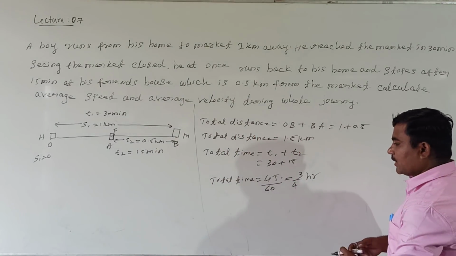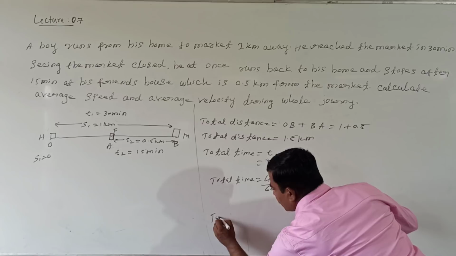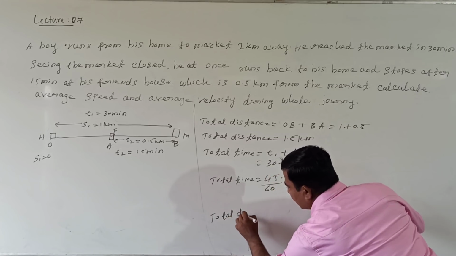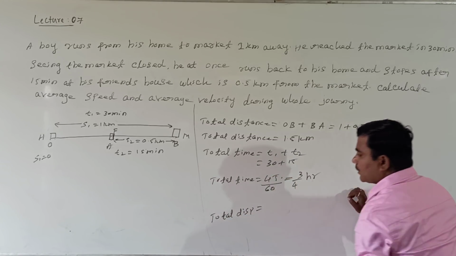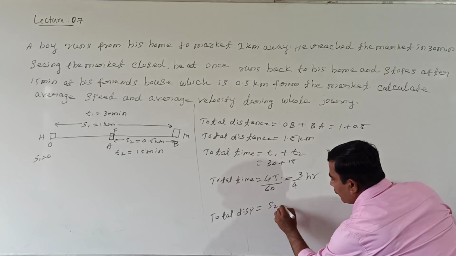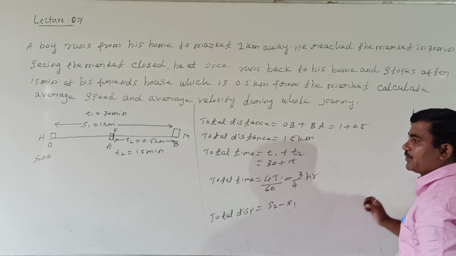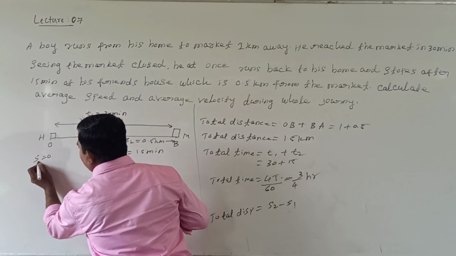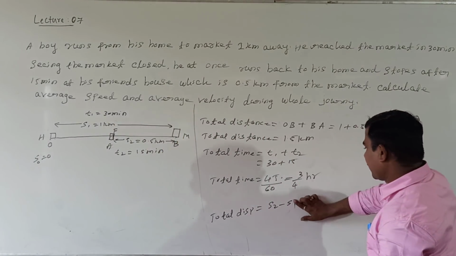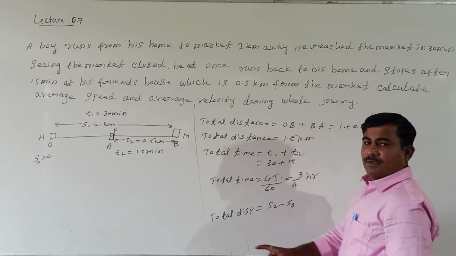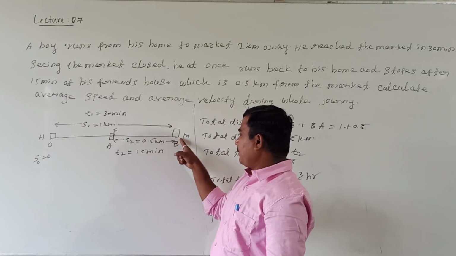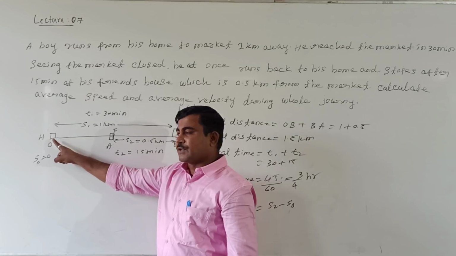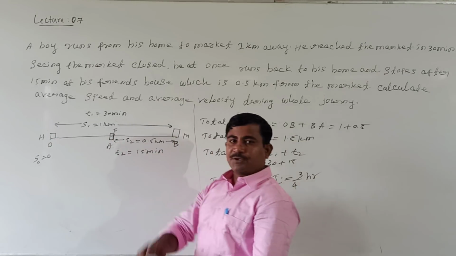How to calculate the total displacement? Total displacement is equal to final position minus initial position. Initial position is 0 here, the S naught value. O is initial position 0, and it comes here to the final position.